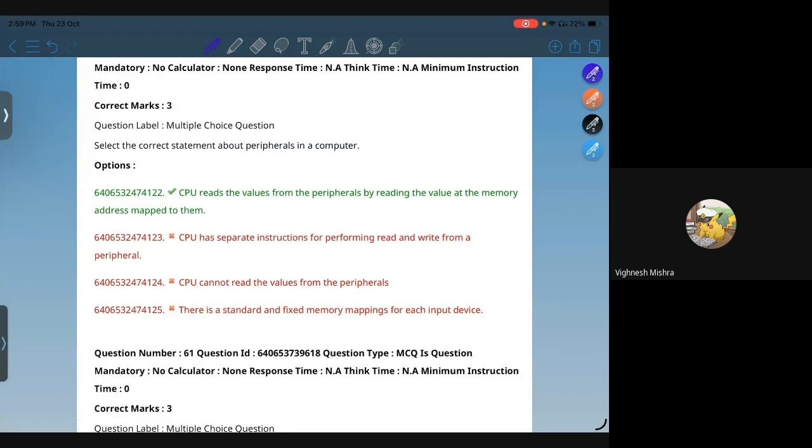Select the correct statement about peripherals in a computer. CPU reads the value from the peripherals by reading the value at the memory address mapped to them. CPU has separate instructions for performing read and write from peripherals. No, CPU cannot read the value of peripherals. No, there is a standard and fixed memory mapping for each input device.